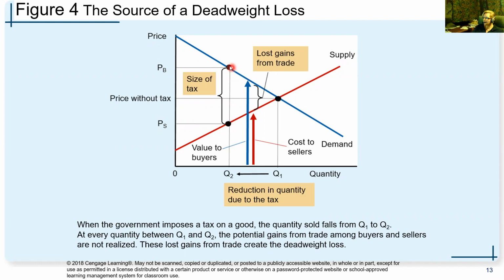So in this scenario, the cost to the sellers is always going to be greater than the value to the buyers. Okay, so that's what happens in this particular scenario because we're less than equilibrium.